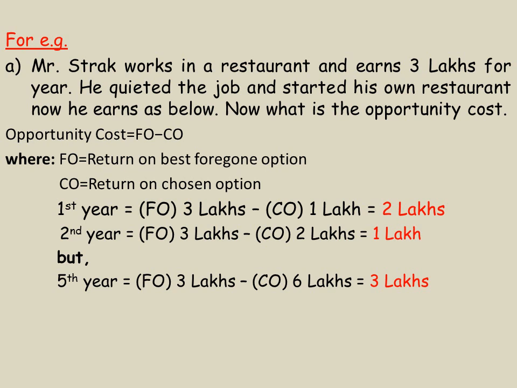What a person sacrifices when he chooses another option, or when he shifts the option. In this fifth year, instead of working in the same restaurant, he started his own restaurant and makes 6 lakhs per year, and he sacrificed 3 lakhs. That 3 lakhs is called opportunity cost.